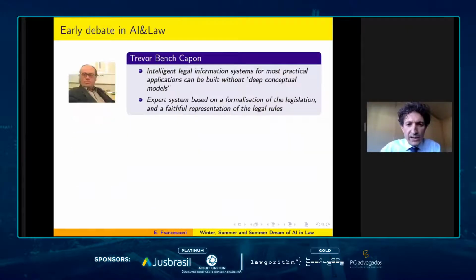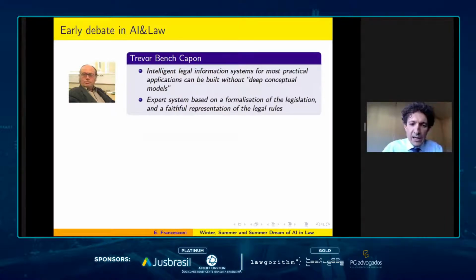On the other side, Trevor Bench-Capon underlined that intelligent legal information systems for most practical applications can be built without deep conceptual models. An expert system, as we used to call these systems at that time, can be based on formalization of legislation and faithful representation of legal rules.